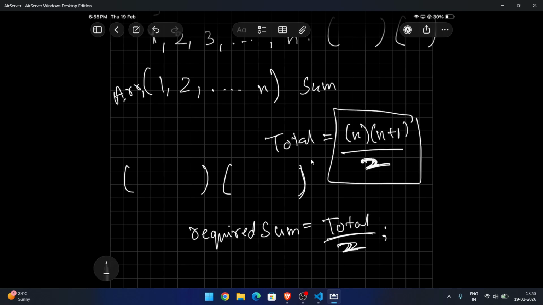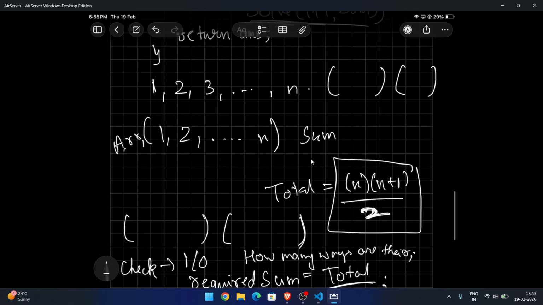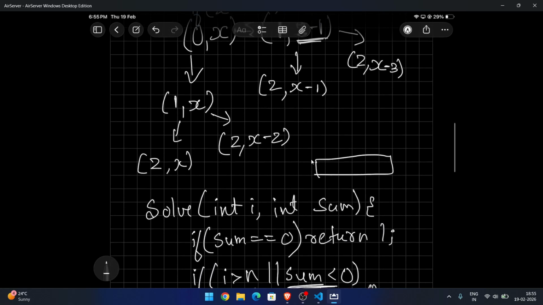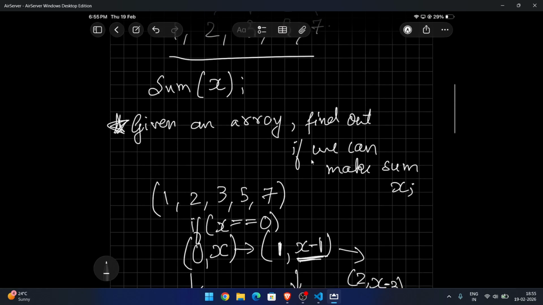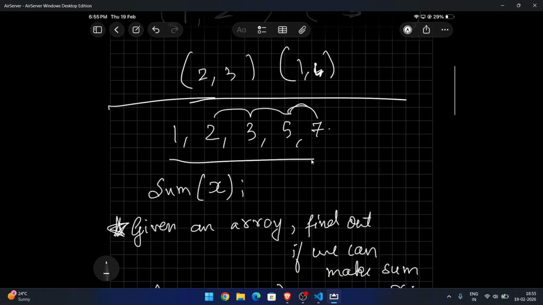So we have already converted it to this question. Okay, but the slight modification is here we don't have to just check. Earlier we were just checking if it's possible or not, so it's either 1 or 0. Here we have to tell how many ways there are to do that, as in the question.